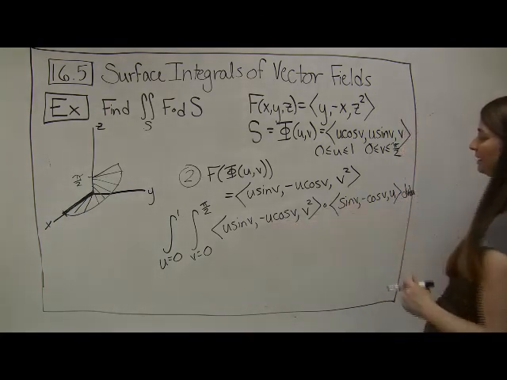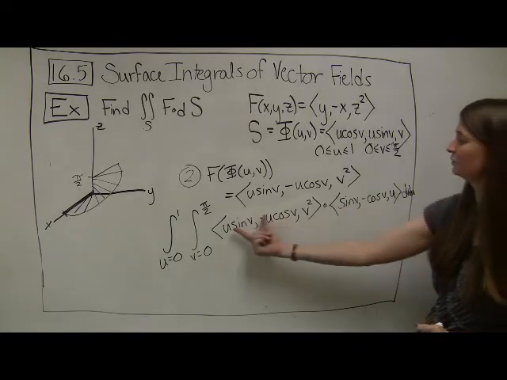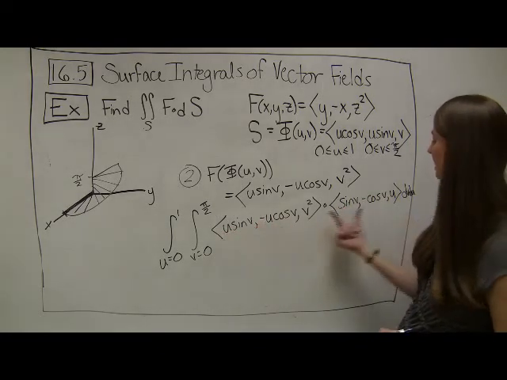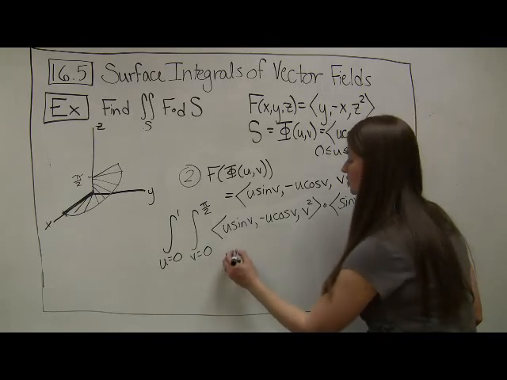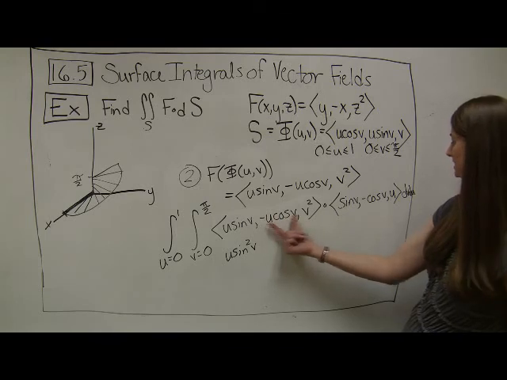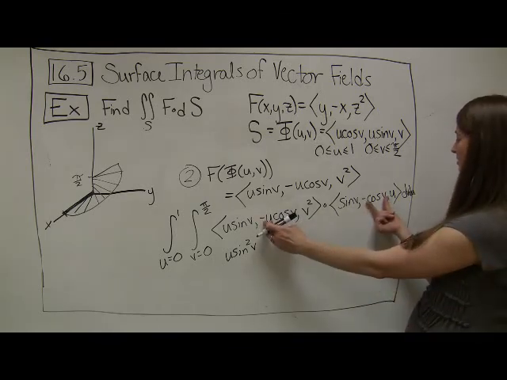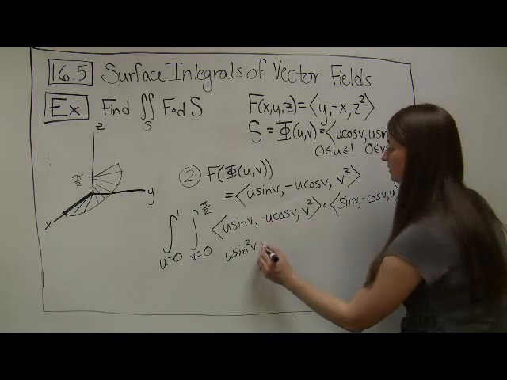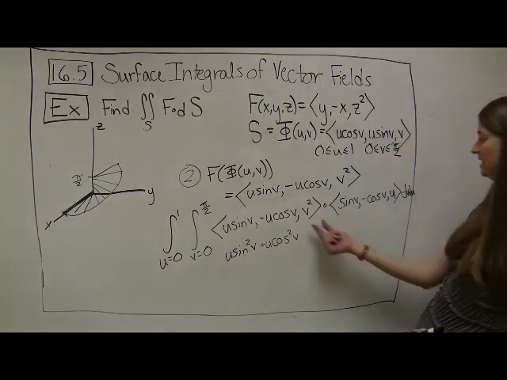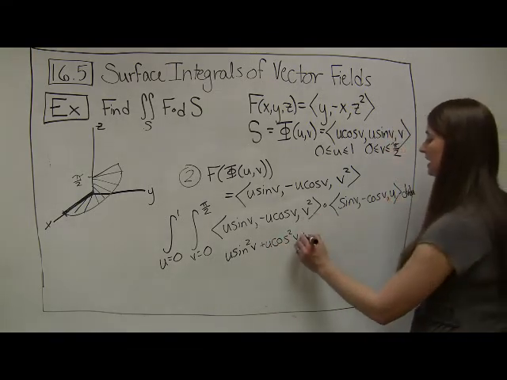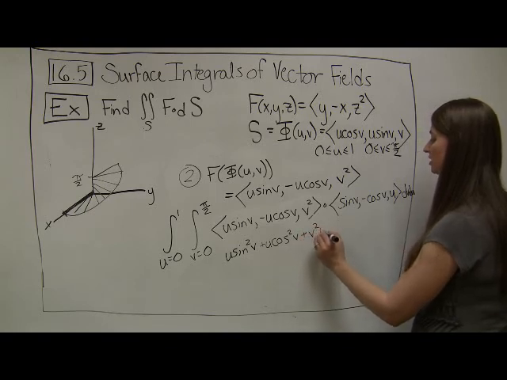Let's take this dot product, and recall that for dot products, I multiply the first components, and in this case, I get u sine squared of v. I multiply the second components, the negatives cancel with one another, and I get plus u cosine squared of v. And then I multiply the third components, and I get plus v squared u.